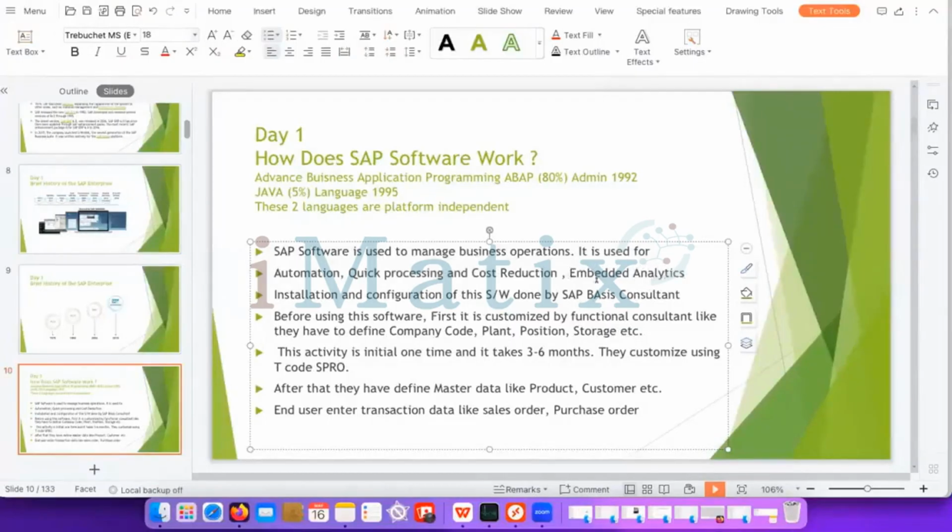With S/4HANA, you also get embedded analytics. You can connect with machines, sensors, IoT (Internet of Things), machine learning, data science, artificial intelligence. Everything you can include with the SAP application. They have the support, all the required tools and connectivity.